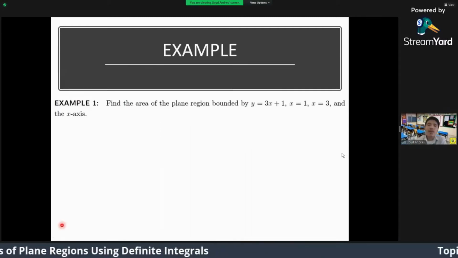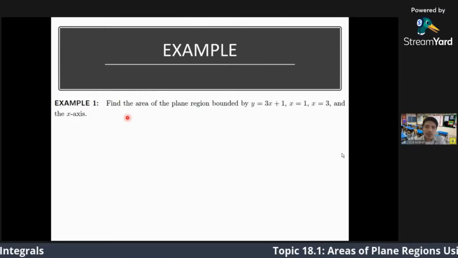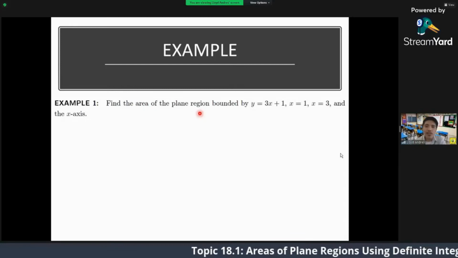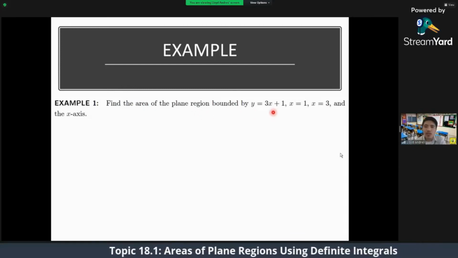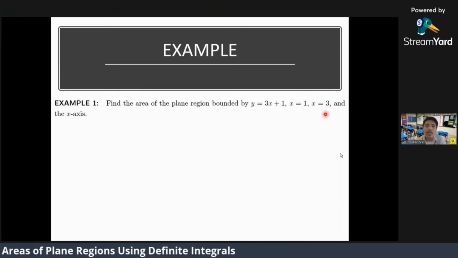Let's have an example application of this concept. Sample 1: find the area of the region bounded by y equals 3x plus 1, x equals 1, x equals 3, and the x-axis.